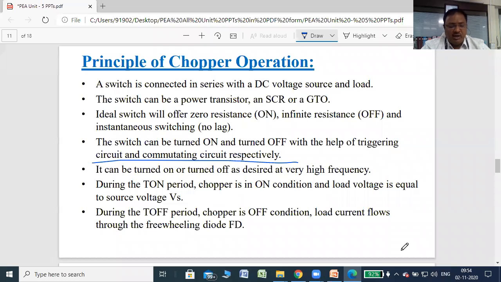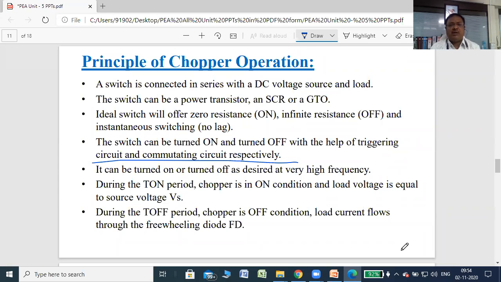If you are using SCR, then we require a commutating circuit. If you are using IGBT, MOSFET, or power transistor, simply remove the base current or gate voltage, and that device automatically turns off. But with SCR, we have to use a separate commutation circuit.